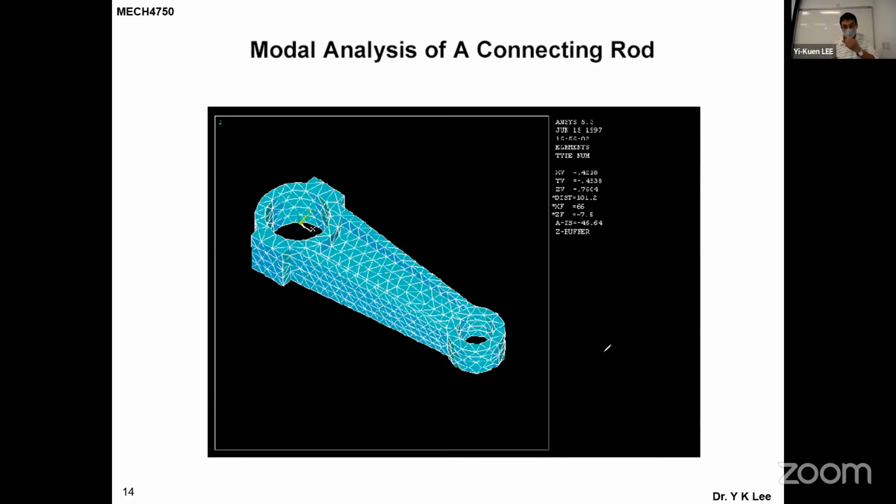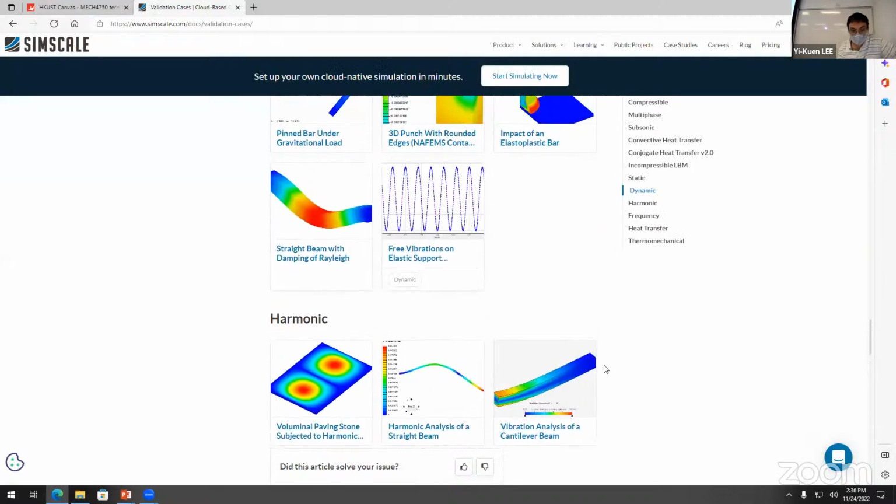And of course, I believe most FEM simulations have some kind of benchmark to make sure that you can really do a good job. A benchmark is like this cloud computing software, SimScale. It's a benchmark problem. What's a good benchmark? It means this is a well-recognized solution case.